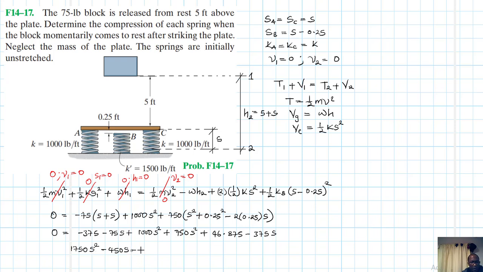So this just becomes minus 328.125, and this is equal to 0.